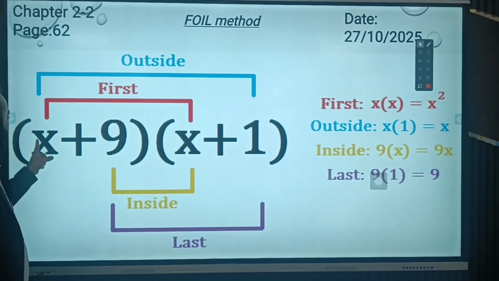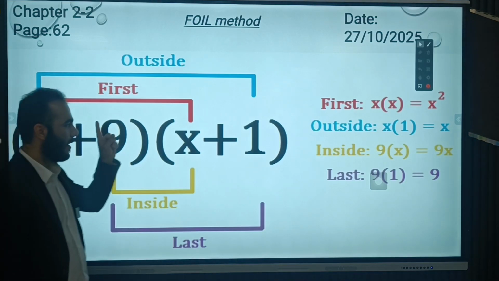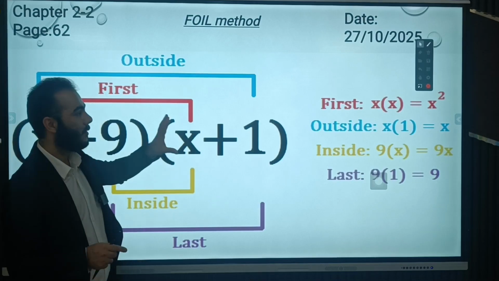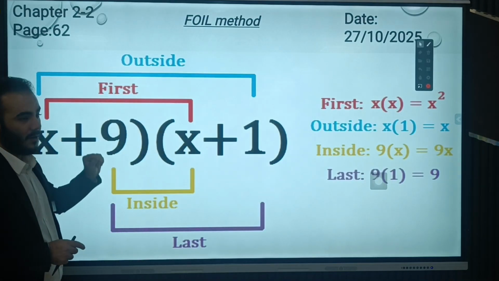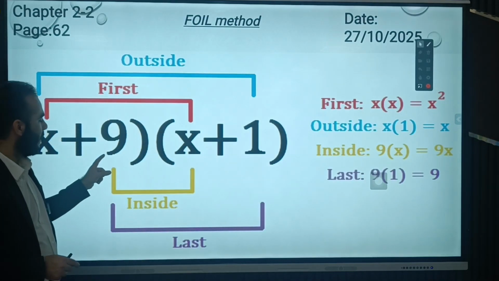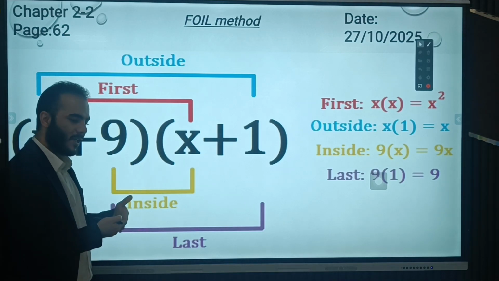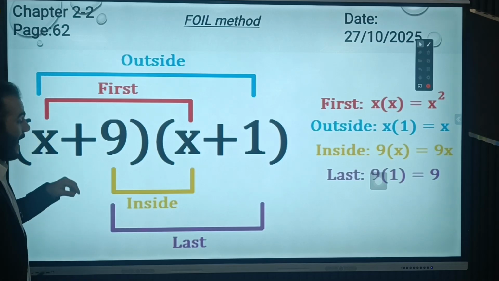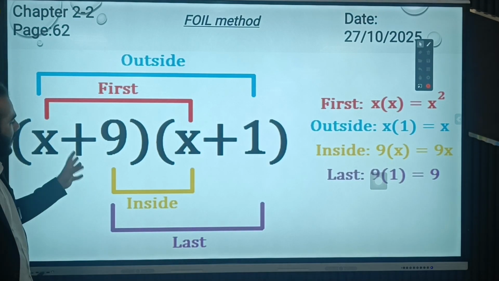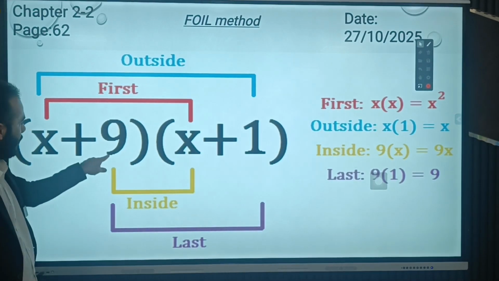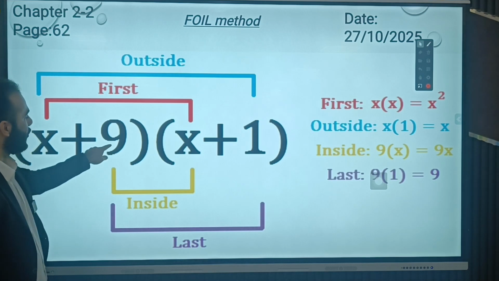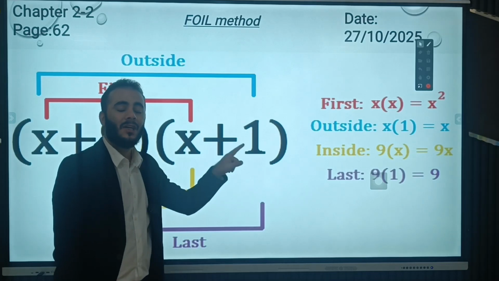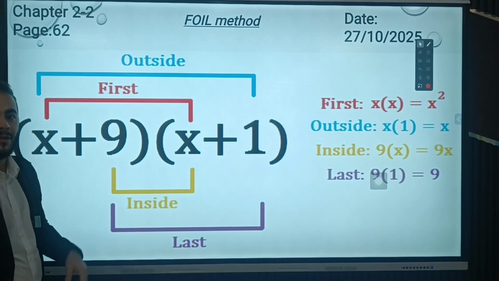And then the first term multiplied by the last term in the second bracket is called outside multiplication. So O stands for outside. And then we have these two terms that are next to each other. They are the inner terms, so we call them inside multiplication. And the final multiplication is called last multiplication: the second term of the first bracket multiplied by the second term of the second bracket.